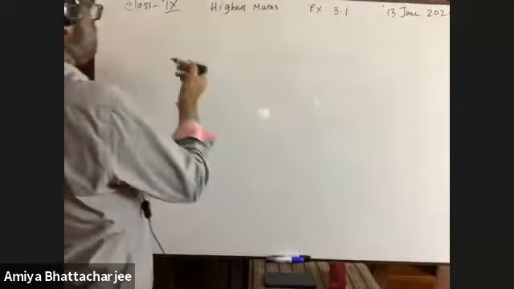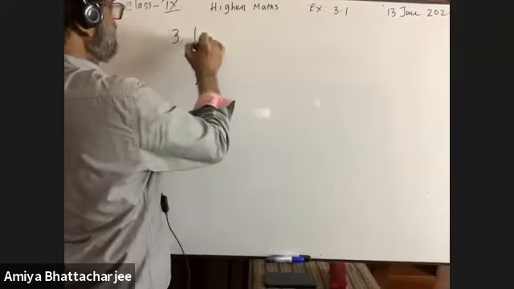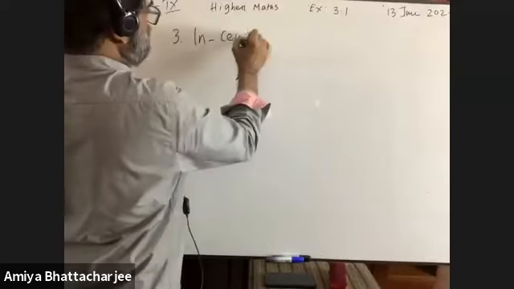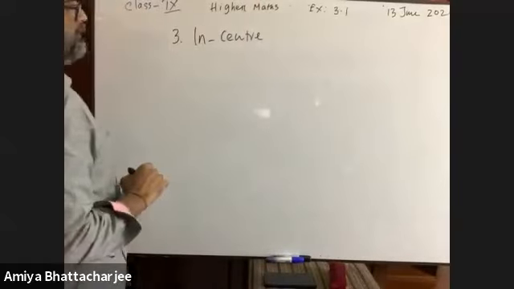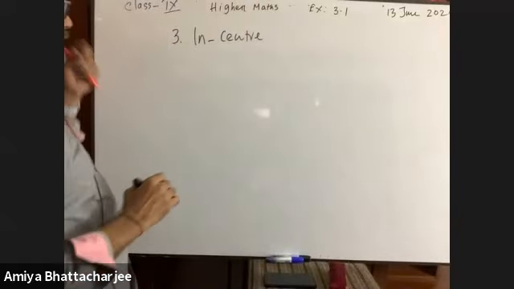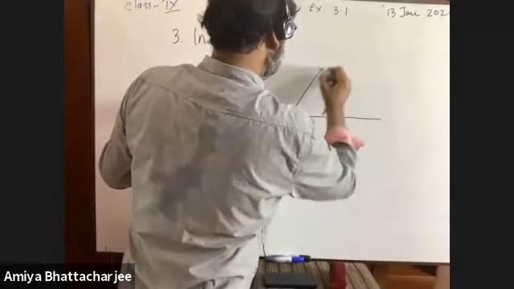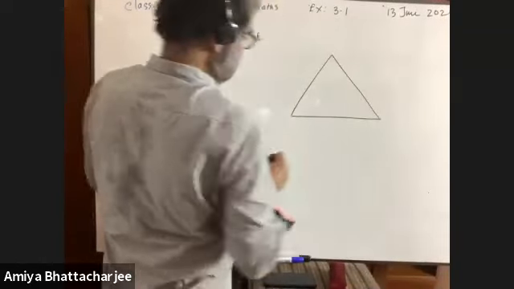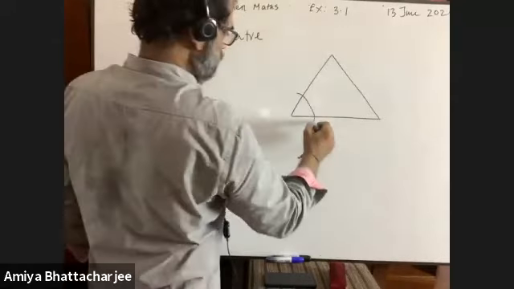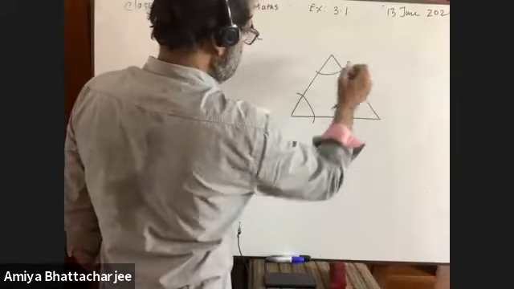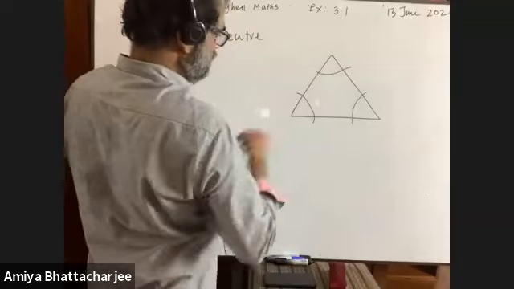Now, number 3, go for incenter. Actually, suppose we have drawn a triangle again. Now, go for bisecting the angles like this.